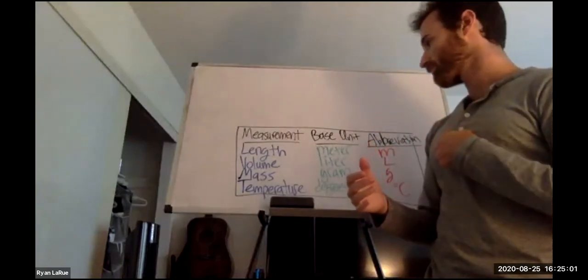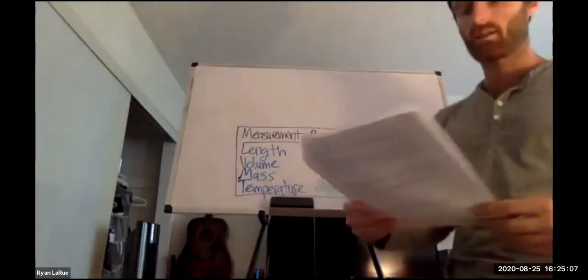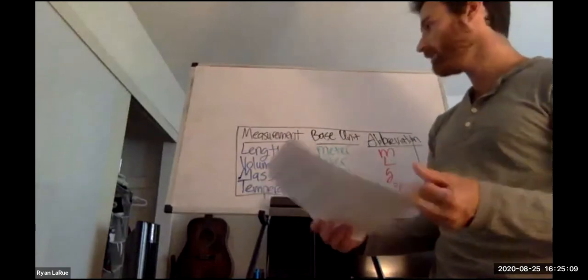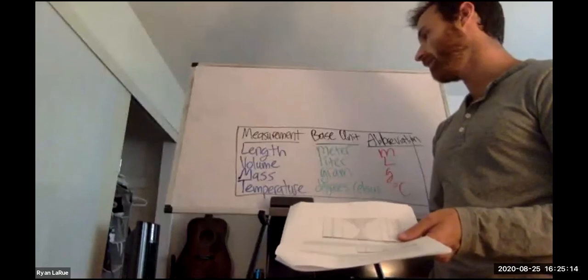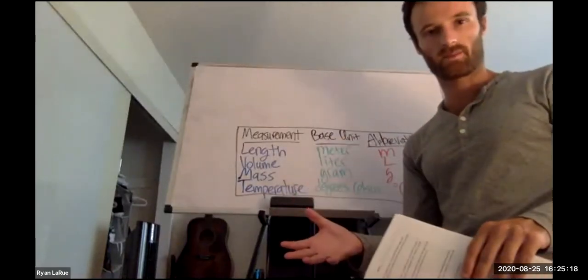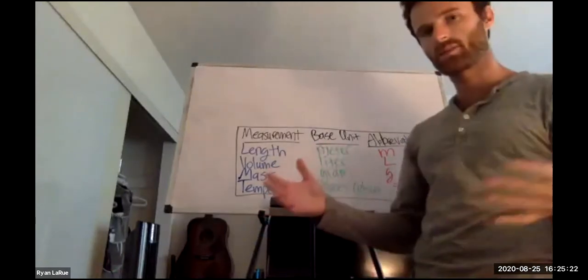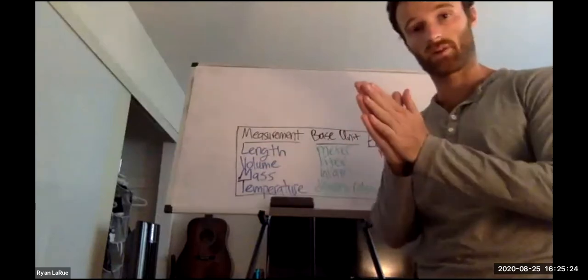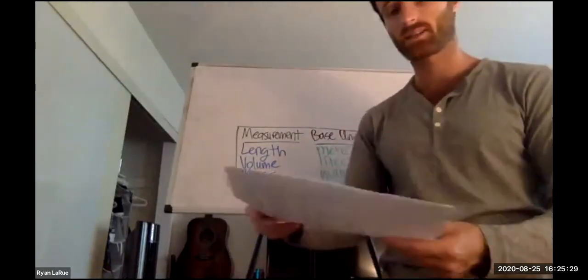So if we're measuring the length of something, we always start with our base unit, meter. And depending on if this object is very long or very small, we have to use different prefixes that come before that base unit.